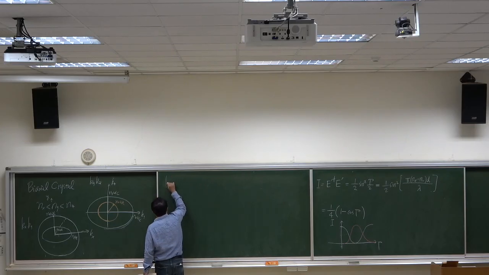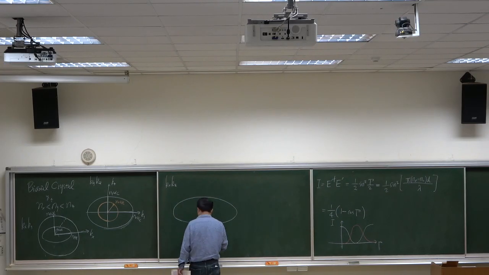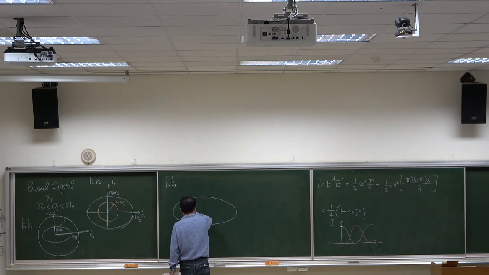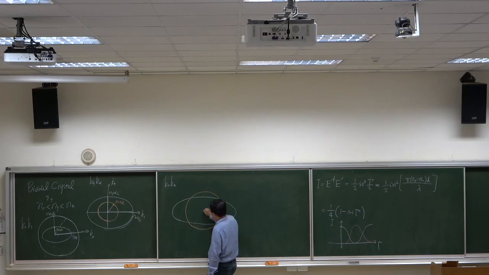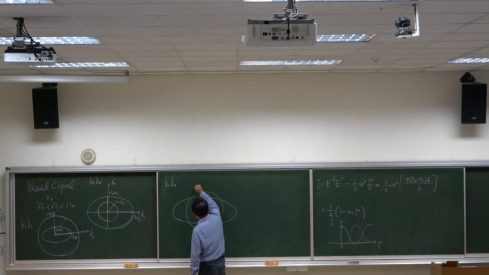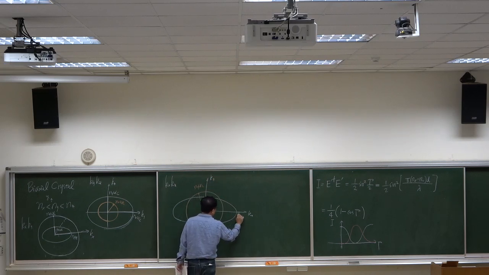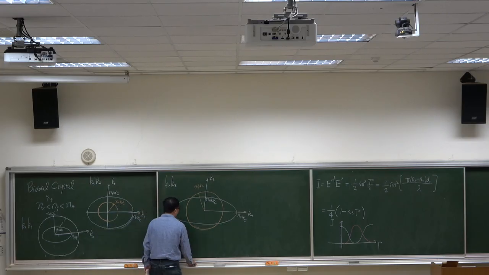Now, in the kx-kz plane, we have the circle, its radius is equal to ny omega over c, and the semi-major axes of the ellipse are nz omega over c and nx omega over c. Okay, and now we have two optic axes.